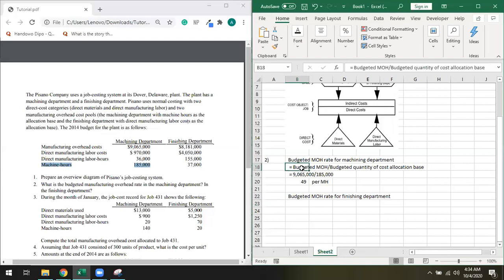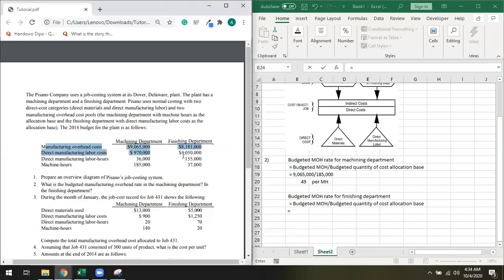The equation is the same. The budgeted manufacturing overhead cost divided by the budgeted quantity of cost allocation base. The budgeted manufacturing overhead cost for finishing department is this $8,181,000, divided by the cost allocation base.